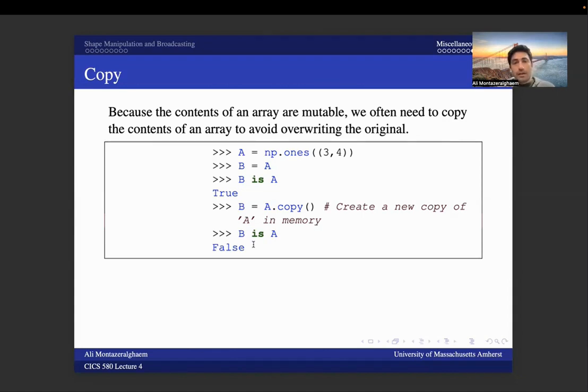Because the contents of the array are mutable, we often need to copy the contents of an array to avoid overwriting the original. So in most cases, if you want a copy of an array, you need to use this function, which is dot copy with parentheses.